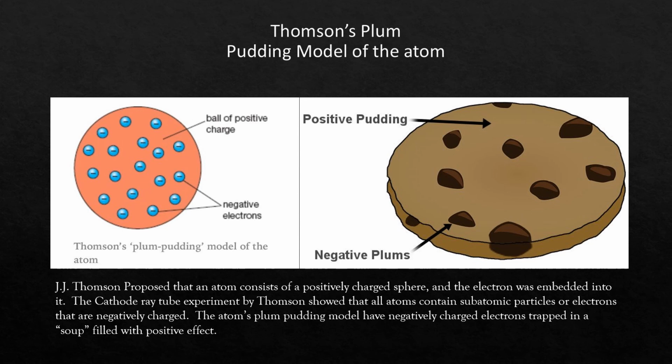J.J. Thomson proposed that an atom consists of a positively charged sphere and the electron was embedded into it. The cathode ray tube experiment by Thomson showed that all atoms contain subatomic particles, or electrons, that are negatively charged. The atom's plum pudding model has negatively charged electrons trapped in a soup filled with a positive charge.